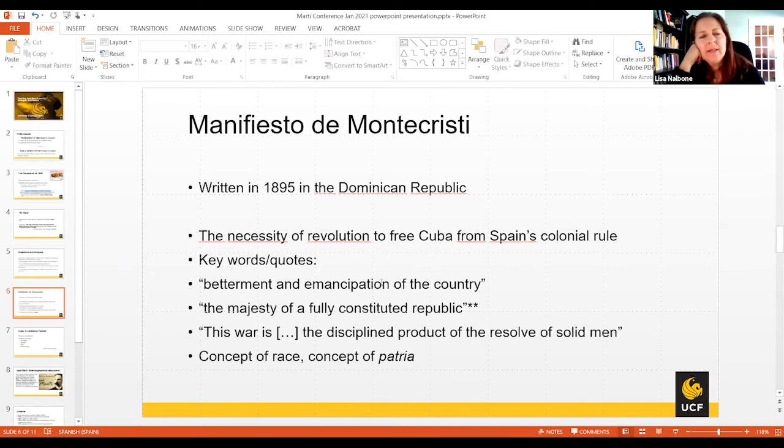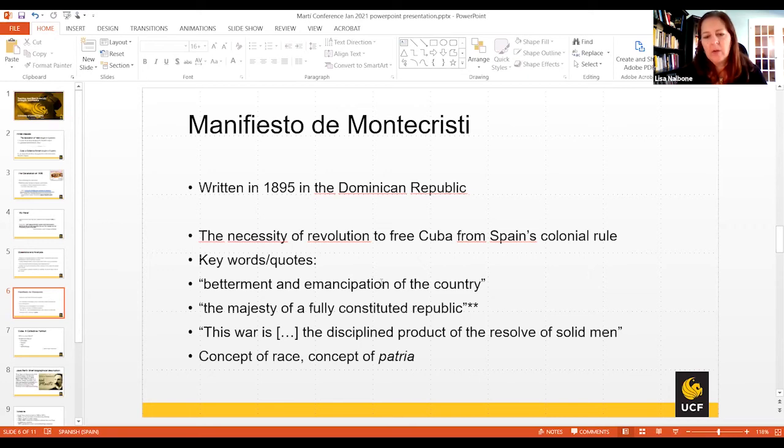I also had them read Manifiesto de Montecristi, and I have them look at key words and phrases, the betterment and emancipation of the country, fully constituted republic. I also draw their attention to how the word republic is being used and what republic means, especially in Spain, when the term republic is really for those who are of the conservative bent, will look at this as something extremely negative.